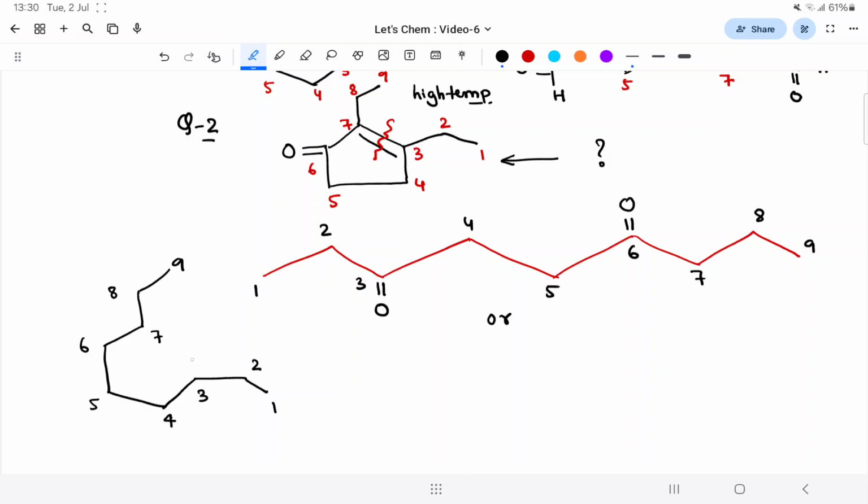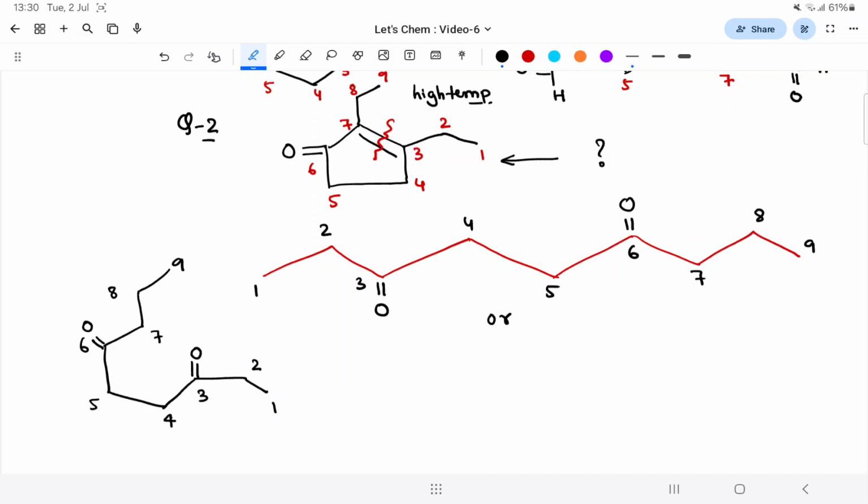Where is my carbonyl carbon, guys? It's on the 3rd carbon and it is on the 6th carbon. That's it. You can draw the structure in any of the ways. So I think guessing the reverse product is not a big deal, and there's no rocket science in this. Basic concepts are there which if you can understand, you can easily get through it.